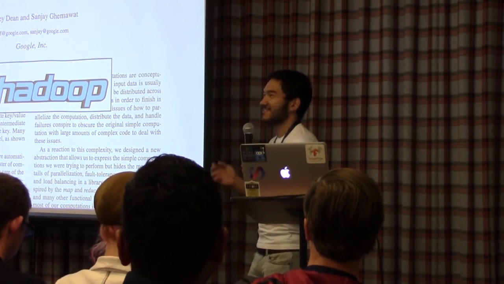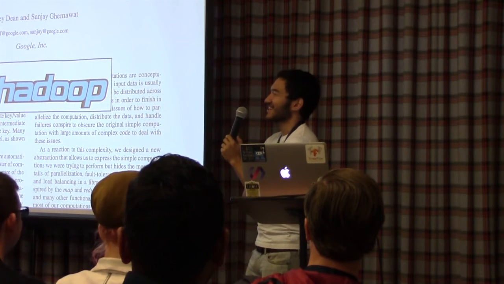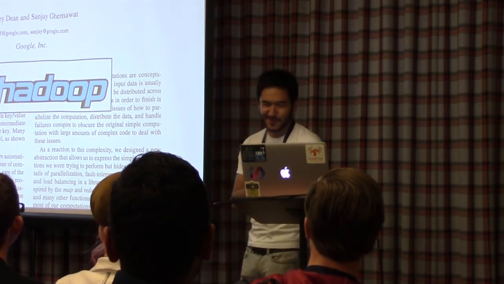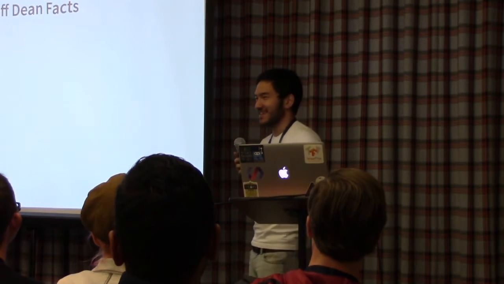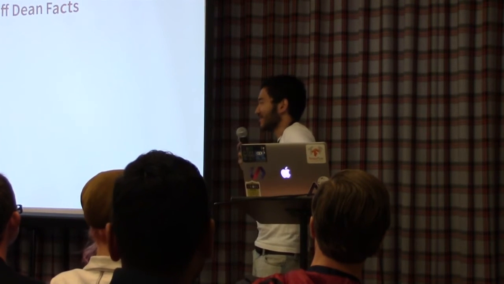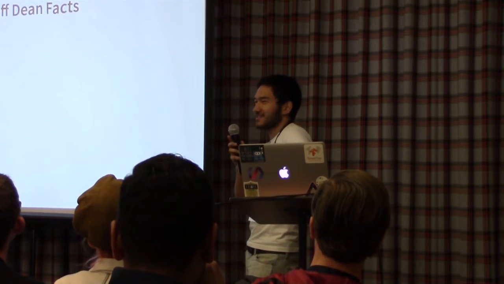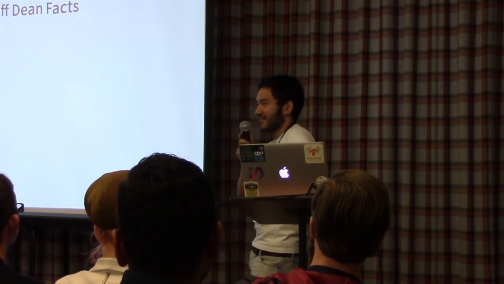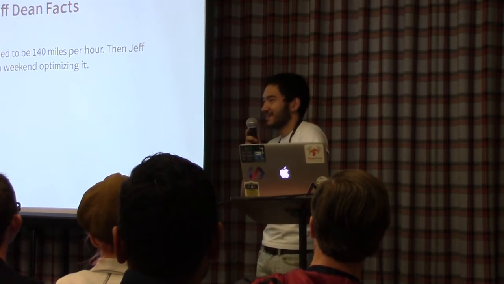So where the rest of the world has Chuck Norris jokes, like, Chuck Norris can slam a revolving door, Google has Jeff Dean facts. Some of my favorite Jeff Dean facts: the speed of light used to be 140 miles an hour, then Jeff spent a weekend optimizing it.